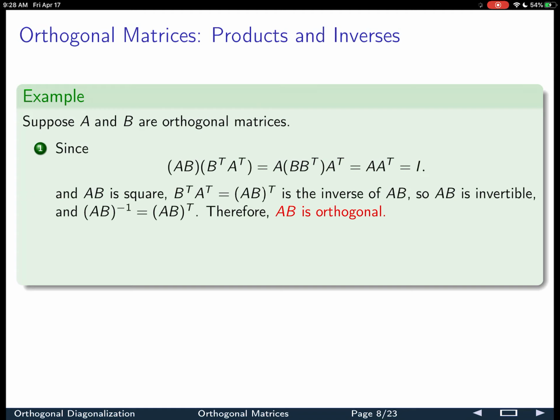Or I guess you could maybe think of it as a reflection as well. Reflections are orthogonal. That's fine. So yeah, rotation or reflection, but we're not stretching or skewing space with orthogonal transformations.